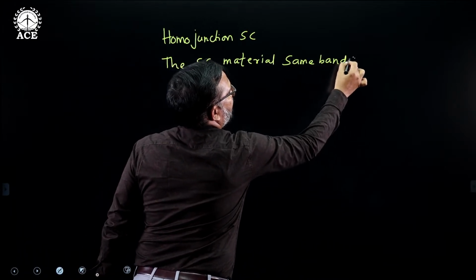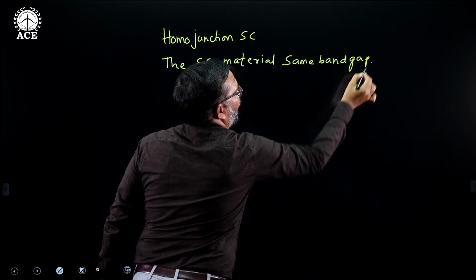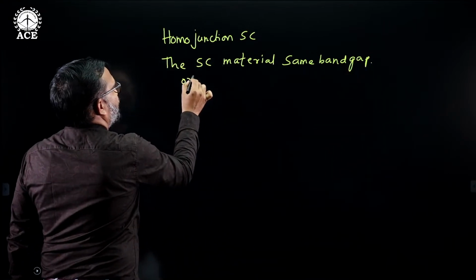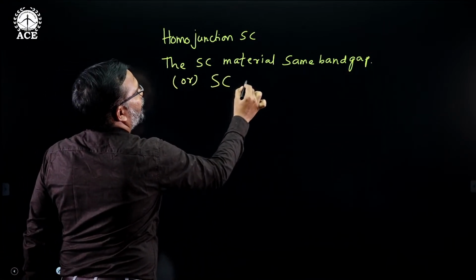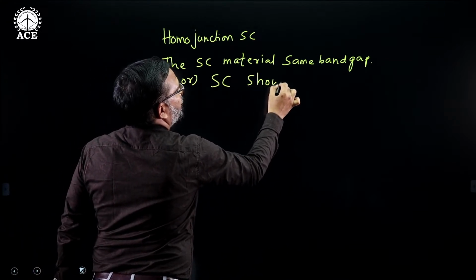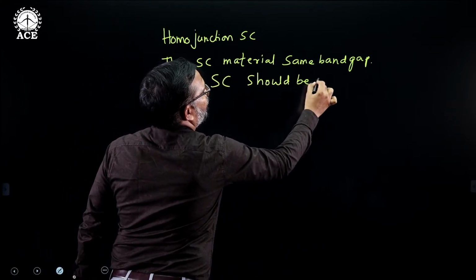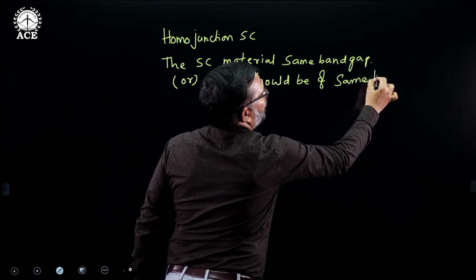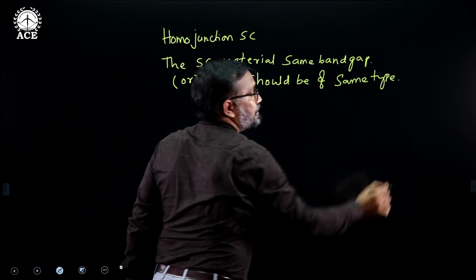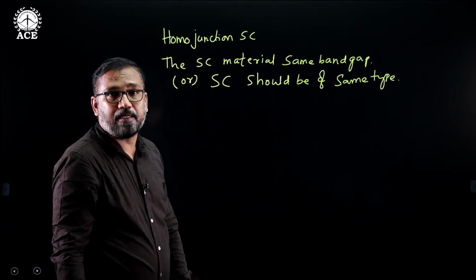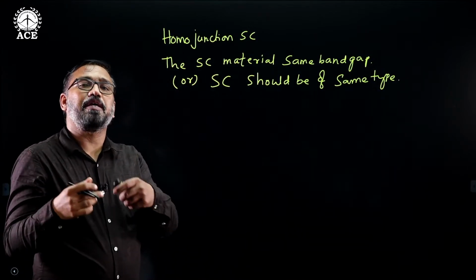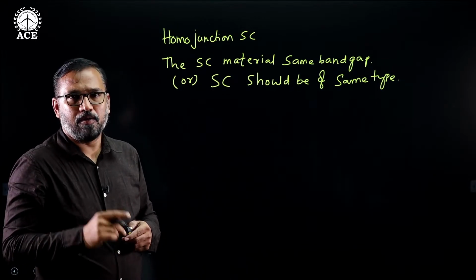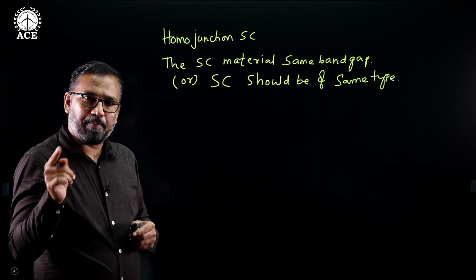Or the semiconductor material should be of the same kind, same type. Same means that the p-type semiconductor and the n-type semiconductor should be of the same material. Whatever the p material is, the n-type material should be of the same.